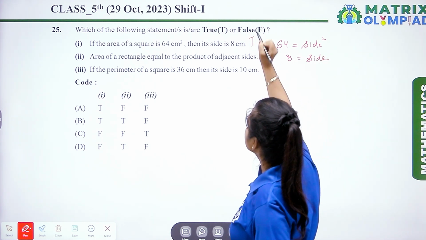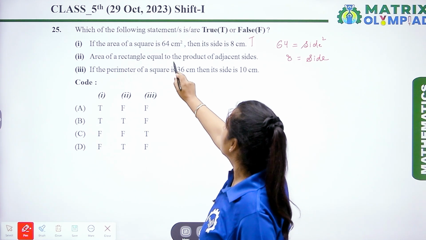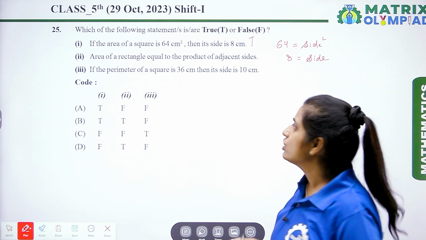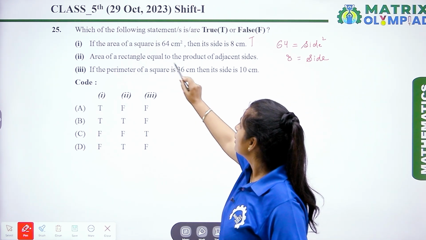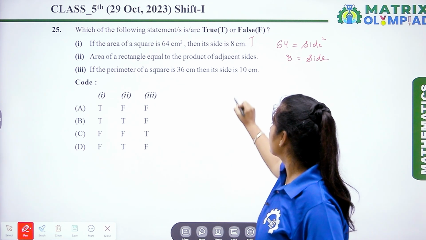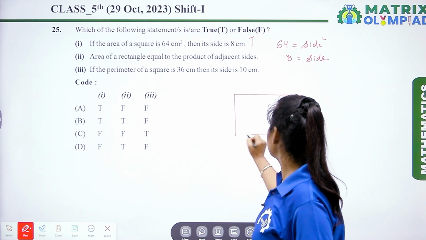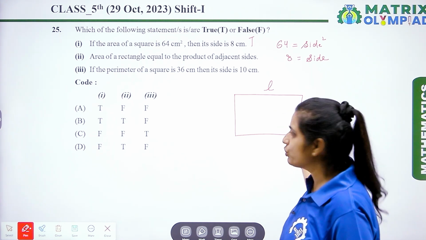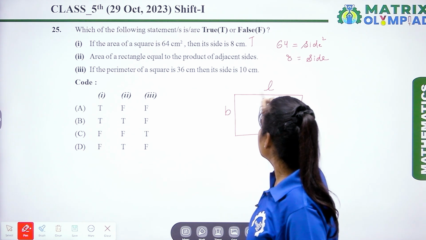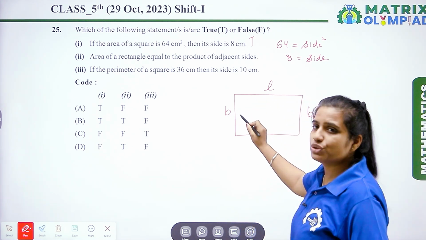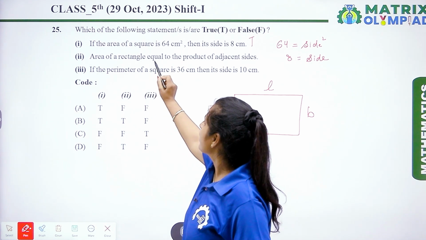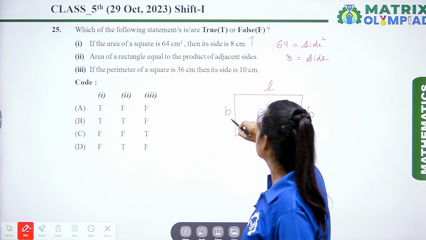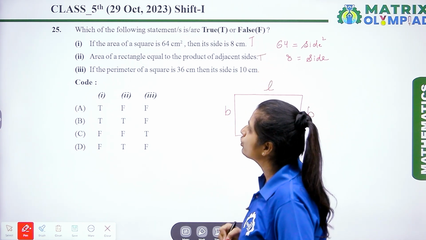So this statement is true. Area of rectangle is equal to the product of adjacent sides. Yes. This is a rectangle. This is length, this is breadth, so these two sides are adjacent to each other. In the same way, length and breadth, these two sides are adjacent to each other. So the area of a rectangle is equal to the product of its adjacent sides. So this statement is also true.